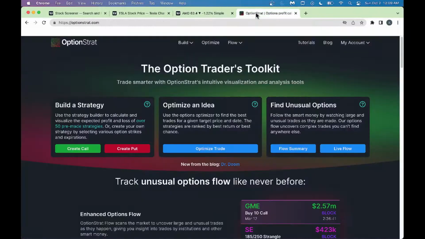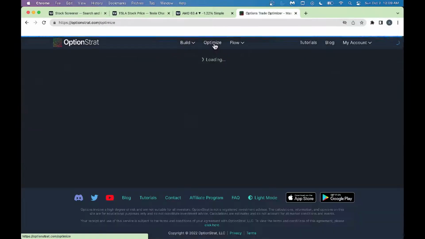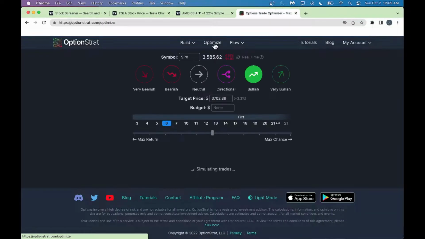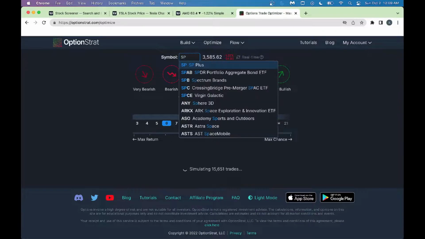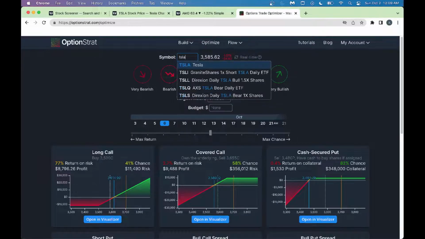I can go to Option Strat here and look, when you know the stock is in a downward trend, what you do is you go to the optimize tab here. So in the optimize tab, you can put your symbol here. Right now my symbol is Tesla, which is a most liquid stock, as you all know.